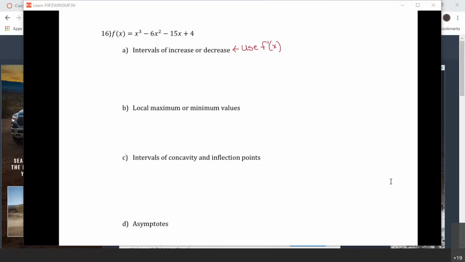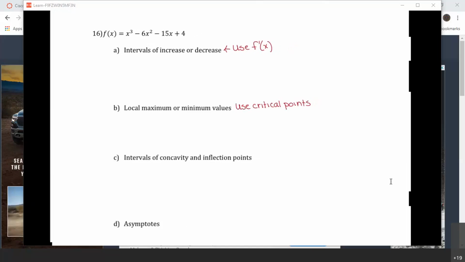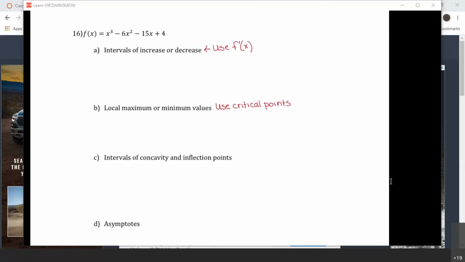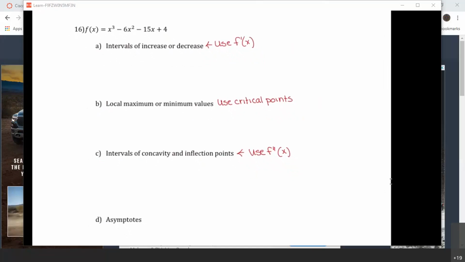Local maxes and mins, you can also use critical points, and you can use the second derivative if you want. But we'll be able to use the stuff from part A there. Here I'm going to use f double prime. So that's kind of like my rough idea of how I'm going to approach the problem.